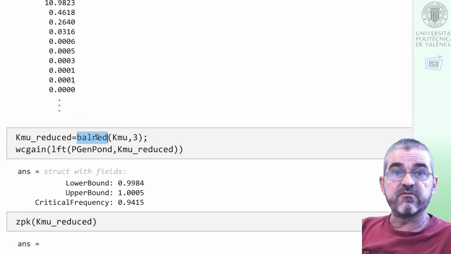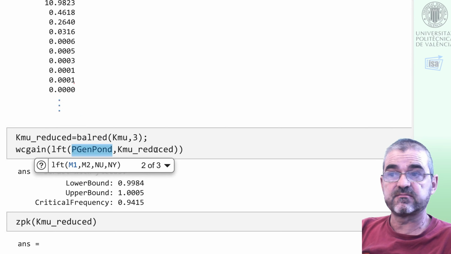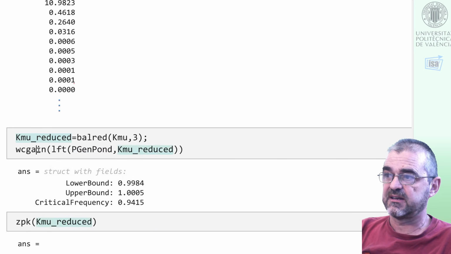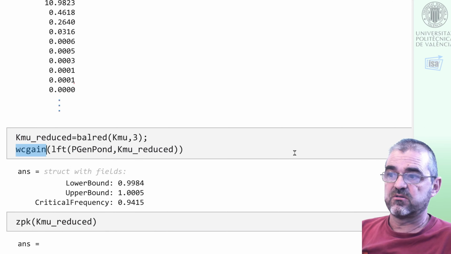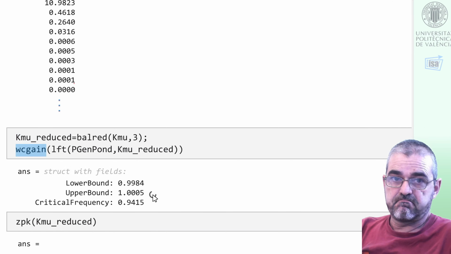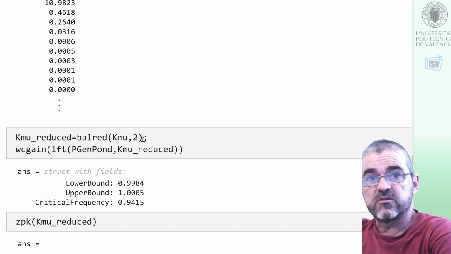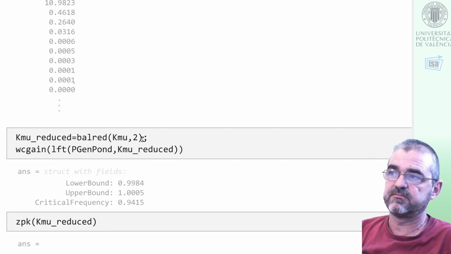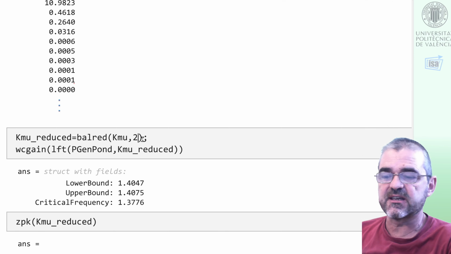Indeed, if we use the balred command to get to order 3, and then close the loop of the weighted generalized plant with this reduced order controller, I get a worst case gain, the robust performance measure, of 1.0005, which is basically 1, so this is satisfactory. If I use a second order controller, things will be much larger than 1, so second order balanced reduction is not an option in this case.